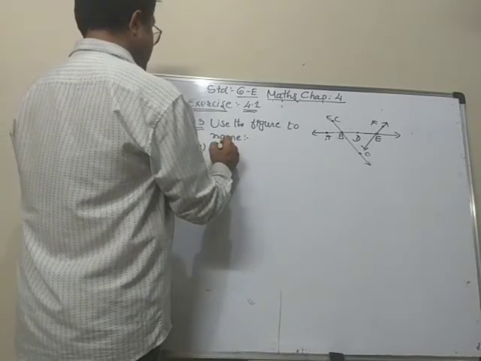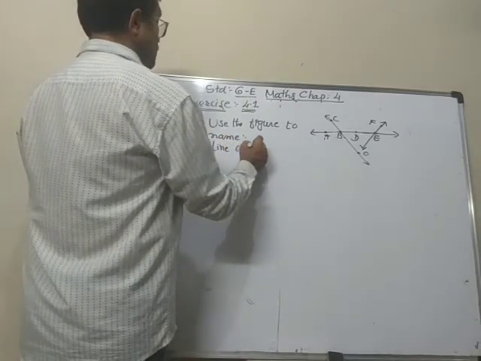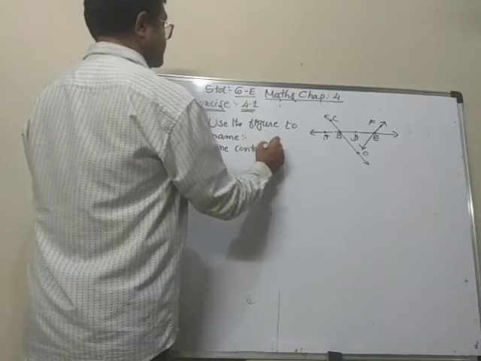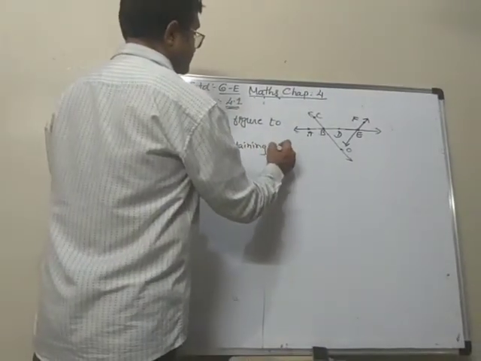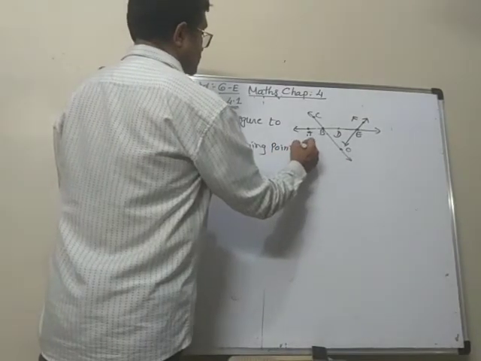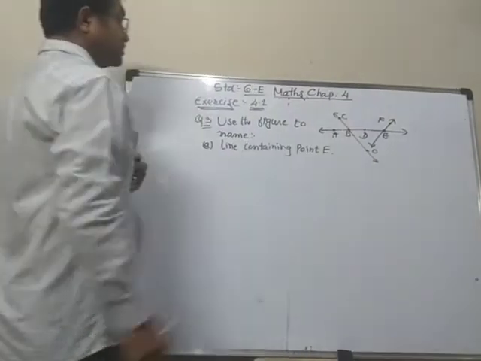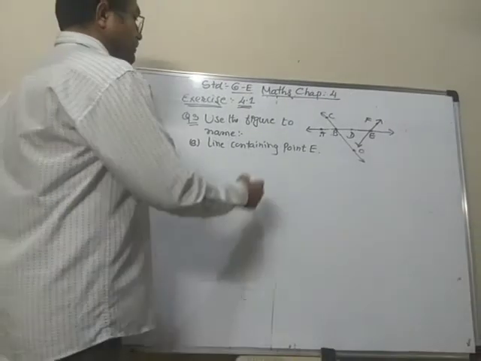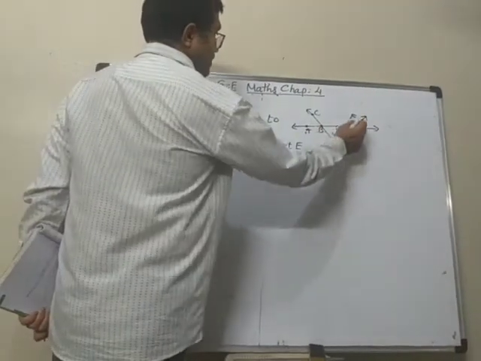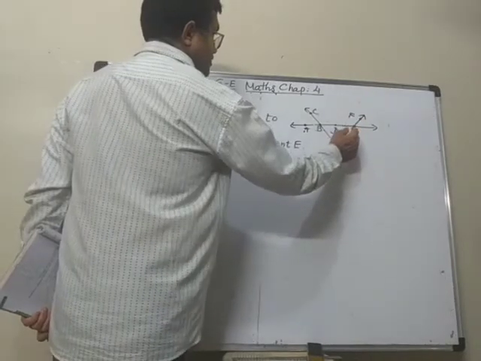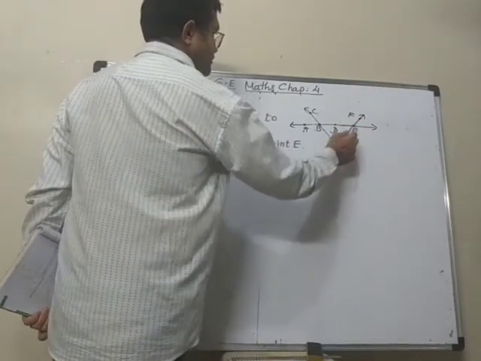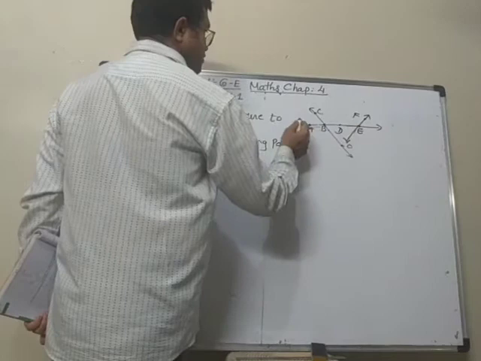First one is a line containing point E. Now check in this line. The line containing point E. You can see that point E is on this line also.